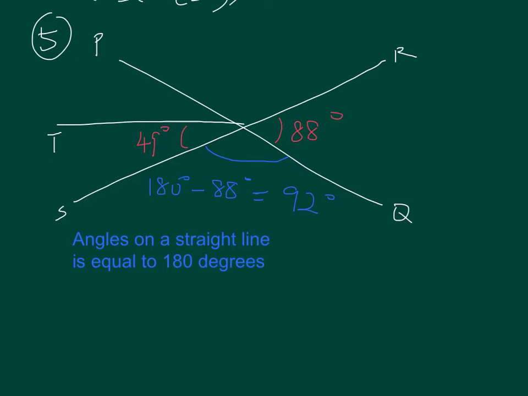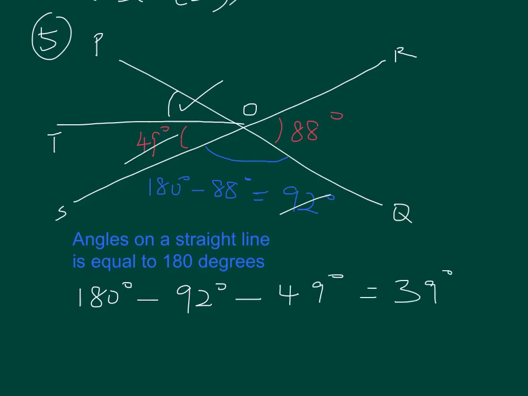The question wants us to find POT. This is the angle that we need to find. So same thing, angles on a straight line, we have 180 degrees, minus away 92 degrees, minus away 49 degrees, and our final answer will be 39 degrees. So question 5, our answer is option 1.